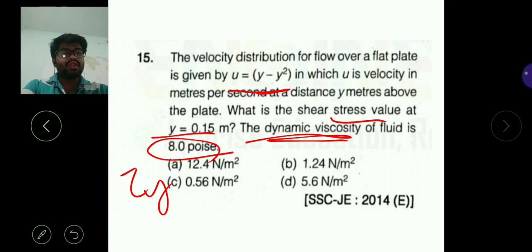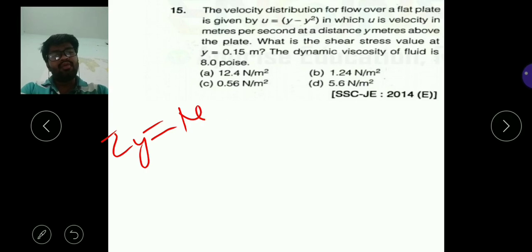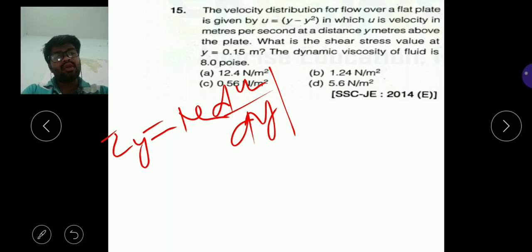Let us start. We need to calculate tau y, which is equal to mu into du by dy, at y equal to 0.15.